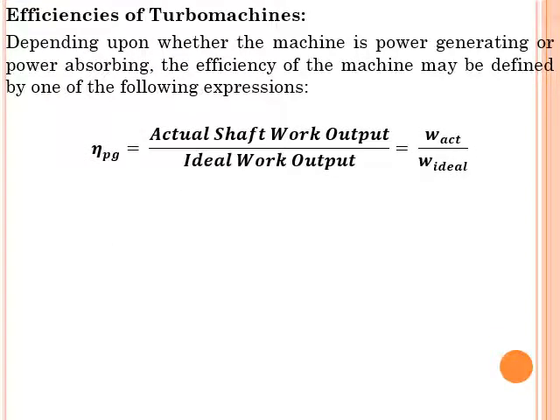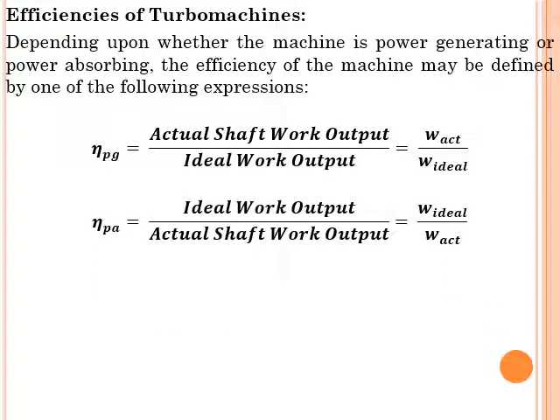For a power generating turbo machine, the efficiency is the ratio of actual shaft work output to ideal work output, that is, W actual to W ideal. This is the expression for power generating turbo machines.